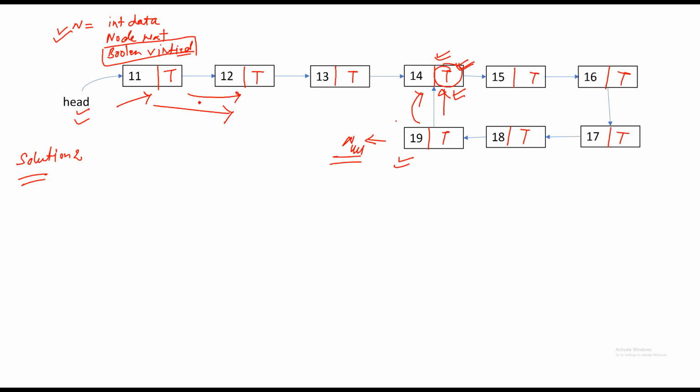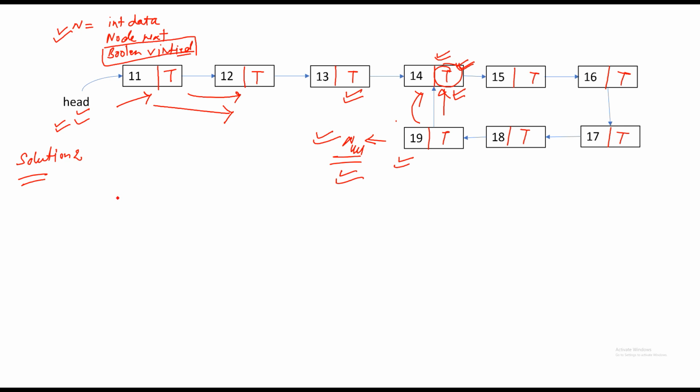If anywhere during traversing we find a node which is already visited, by checking this variable, we will say that it has a cycle in it. And if during the full traversal we find null, we will say that there is no cycle present in this given linked list.